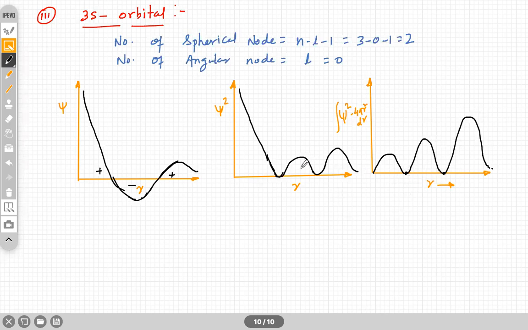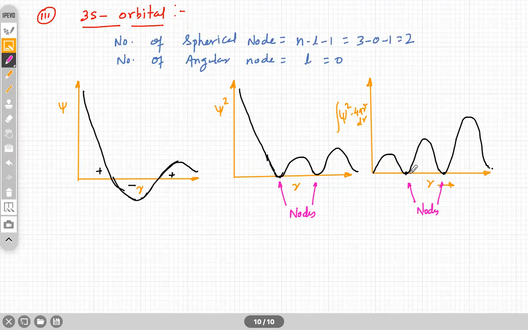Whatever the distances R1 and R2 are, you can draw 2 spherical surfaces at those distances. Those would be the spherical nodes for the 3s orbital.